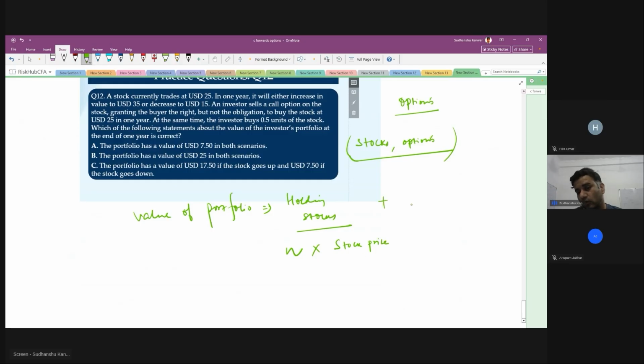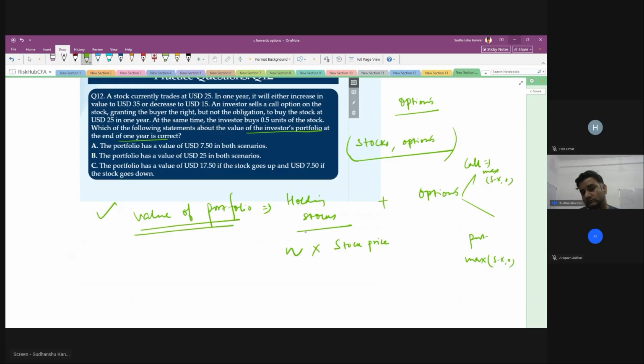When it comes to options, value calculation is a little tricky, because if it is a call option, then it is max of S minus X, comma 0. For the put option, it is max of X minus S, comma 0, depending on the situation. Now, it is asking which of the following statements about the value of the investor portfolio at the end of 1 year is correct. So we have to talk about the value of the portfolio.